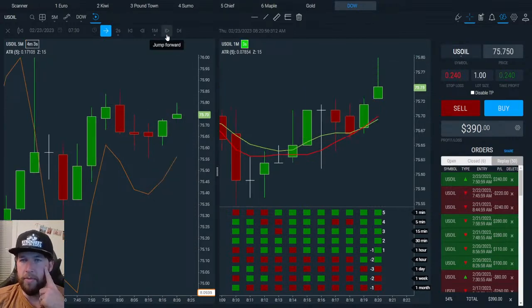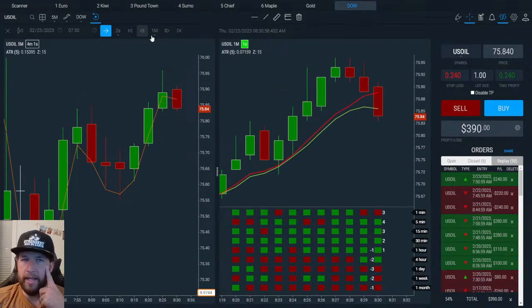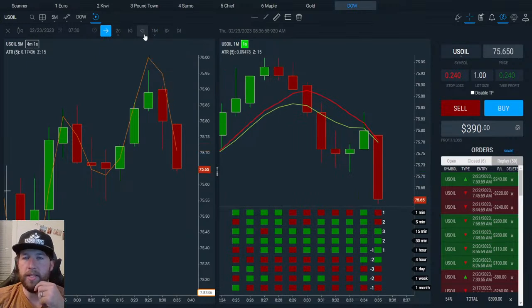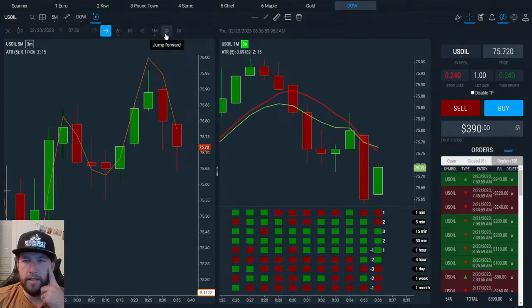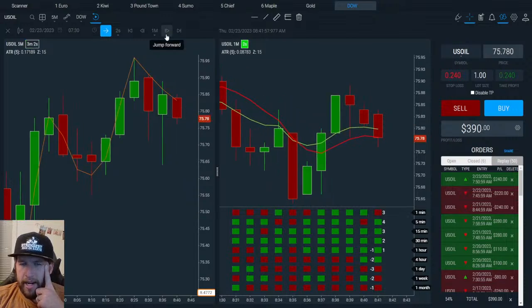Make sure you have room to move. Something to definitely look at adding on once you know exactly what your win rate is with your strategy. And these are only a couple of the indicators that are available through this program. Once I'm finished up with this particular day, I'll open up a few of the other indicators.